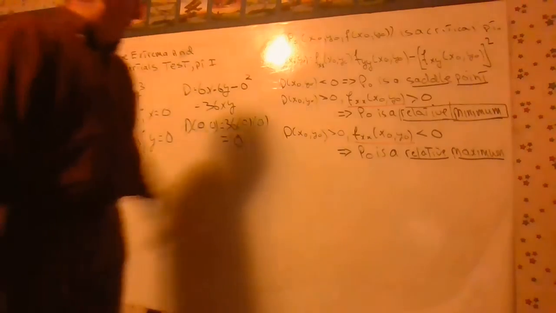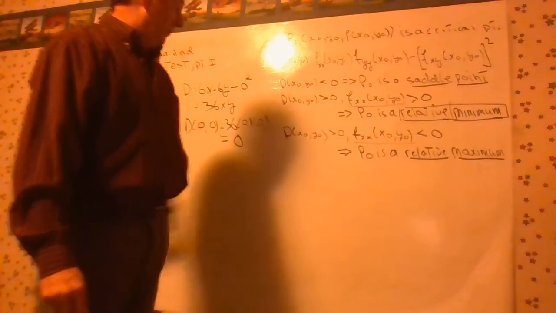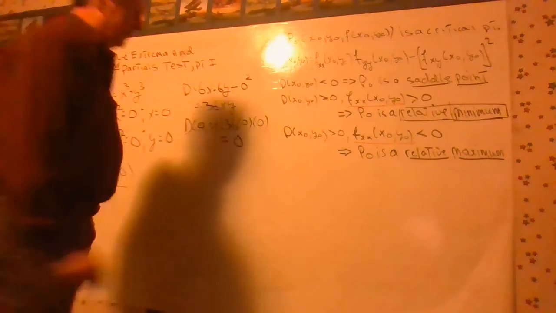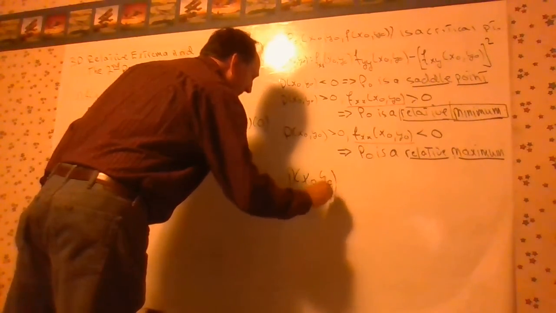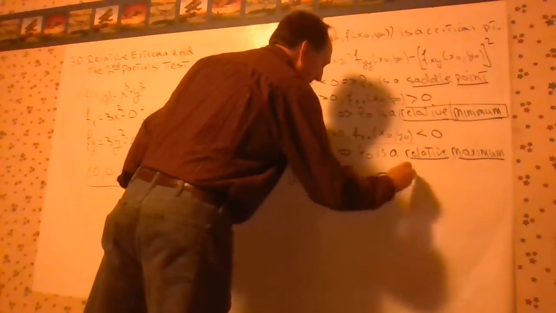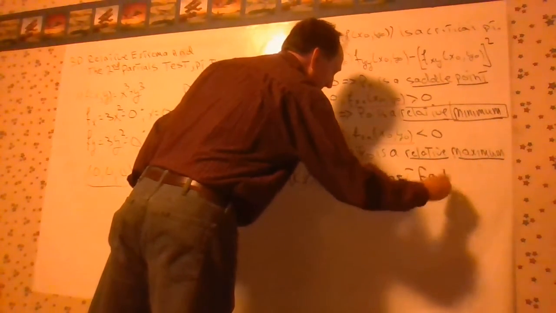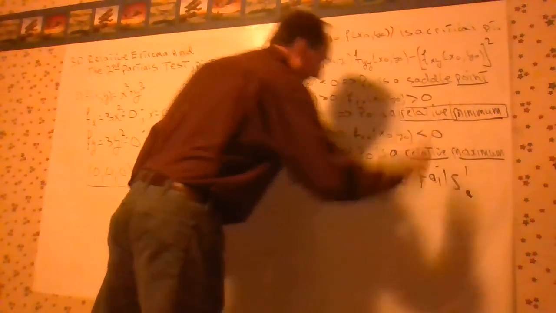So which case do we have? Less than 0 or greater than 0? Well, guess what? It's none of the above. D of x0, y0 equals 0. Test fails.